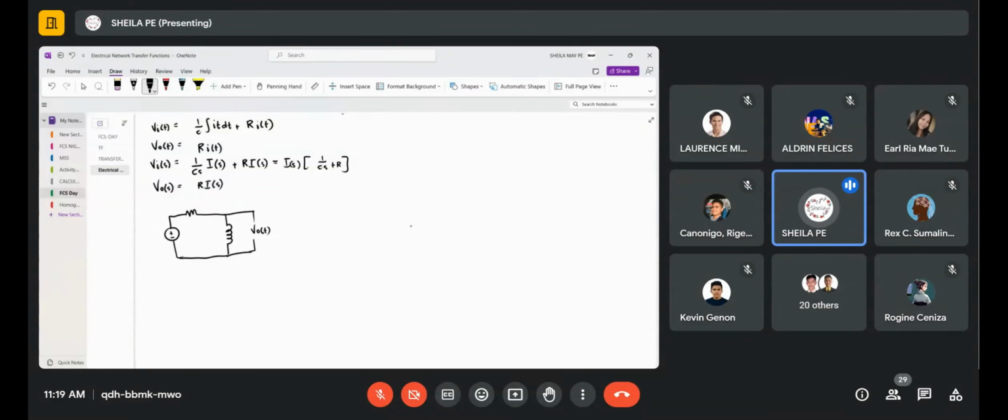So for this one, we have L, we have R, we have VI of t. So VI of t equals R i(t) plus L di(t) over dt. Correct?